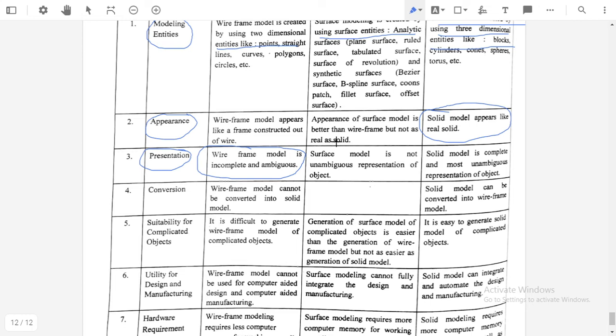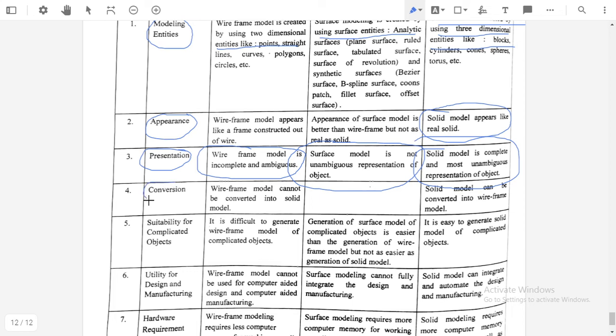But the surface model is not an unambiguous representation of the object; it looks better than the wireframe model, but it does not look as good as compared to the solid model. The solid model is a complete and most unambiguous presentation of the object. Means the complete representation of the object is done only through solid modeling.